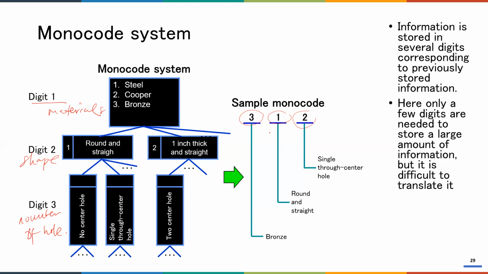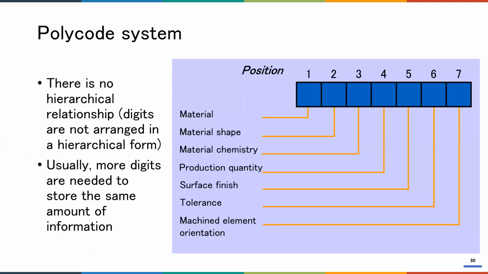However, like I said, it's quite difficult to translate, because if you talk about a product that is round and straight with a single true center hole, it's not going to be easy to understand what product or part that is, unless you have been working in this company for a super long time or you are the one who made the monocode system. And the polycode system is actually made without the hierarchy.